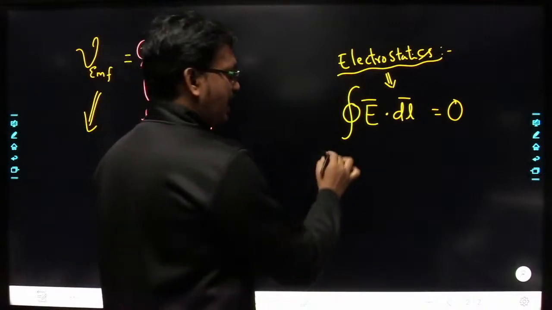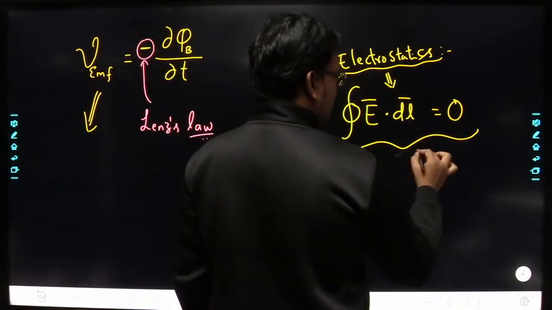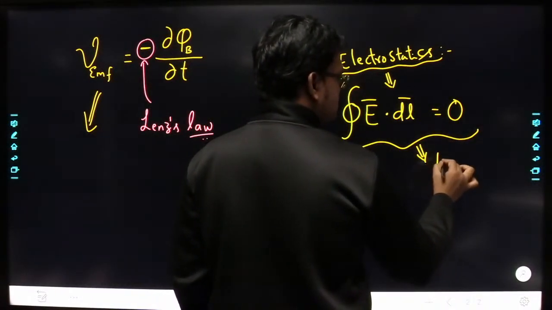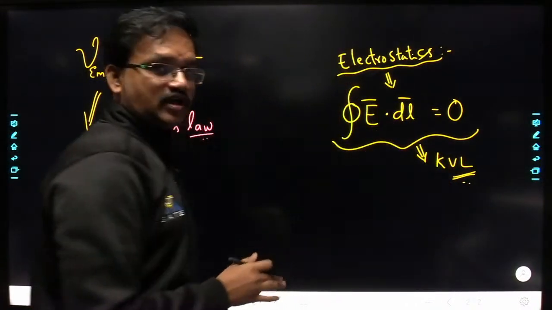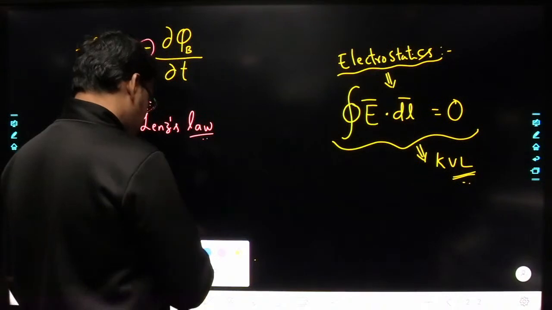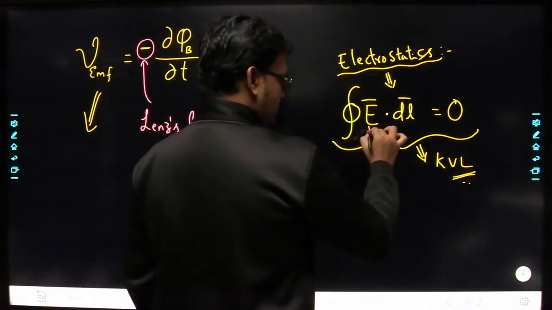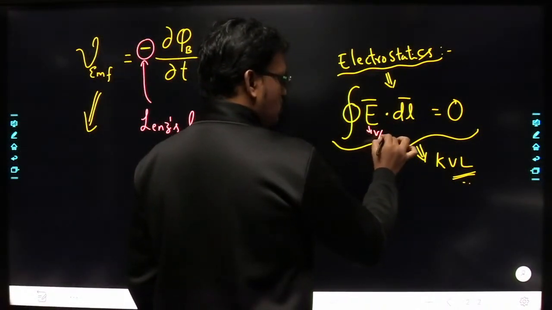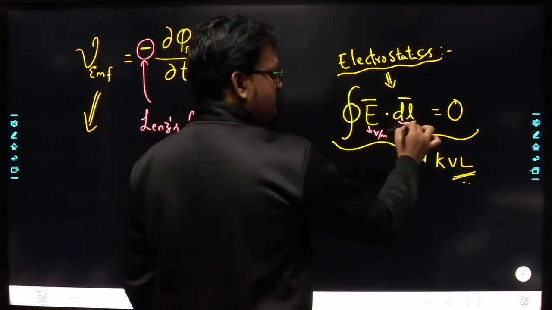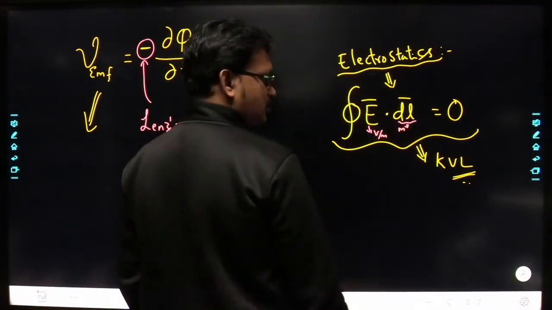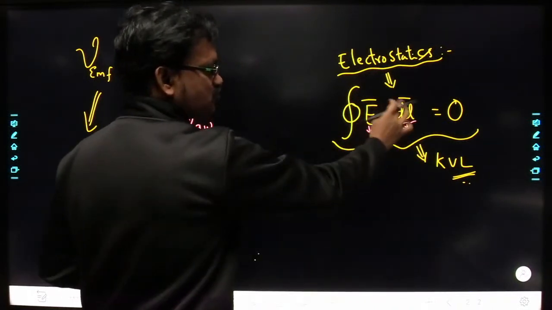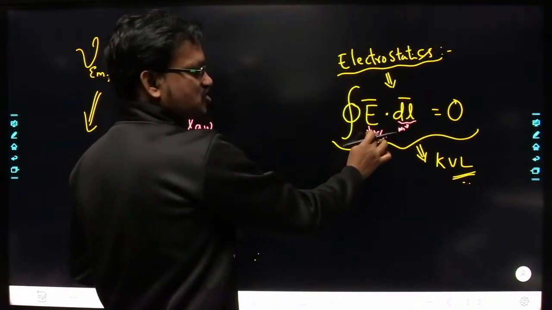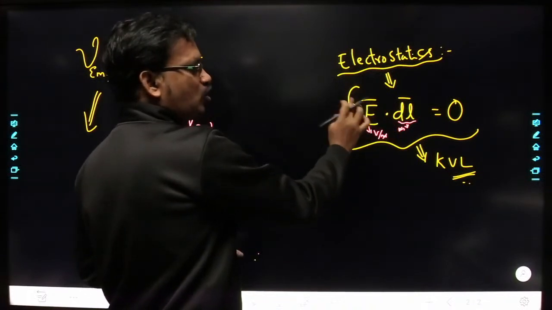There I told that this equation represents KVL. Why did I say that? Because the unit of electric field is volt per meter, and the unit of the differential length is meter. Here the meter gets cancelled, so it represents the voltage around any closed loop.